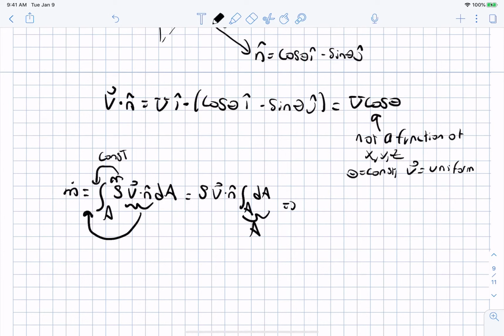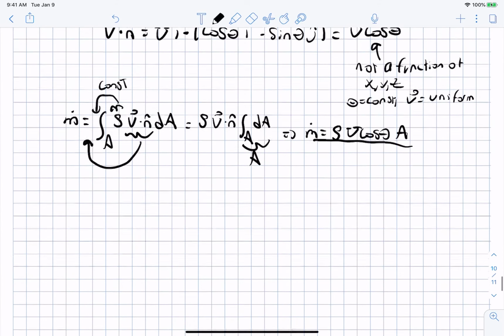So then this implies that m dot equals rho, and I'm going to substitute in our result for v dot n hat, and that's rho v cosine theta times the area.